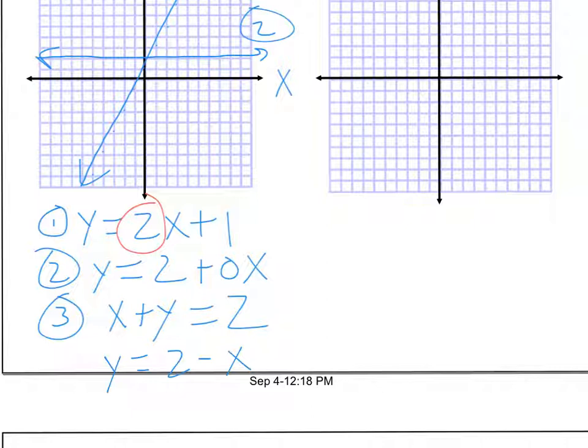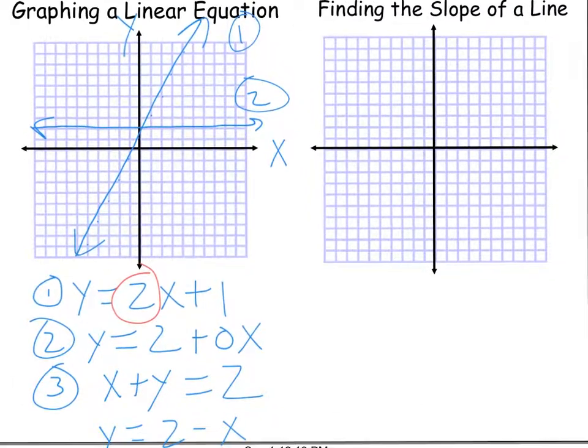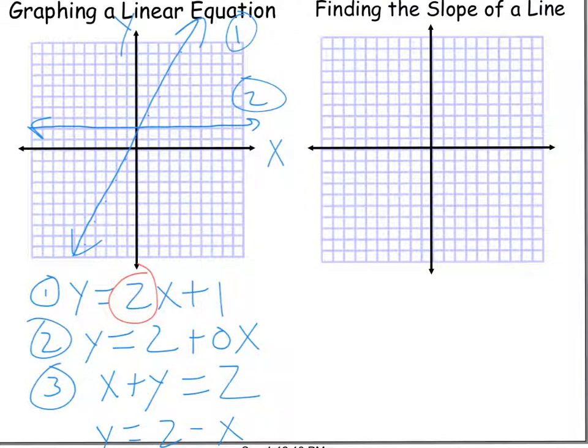I would want you to recognize that number 3 is a linear equation. It's not really in the form we would want it to be in. But once I do that, I could go up to a y-intercept of 2, and now go down 1 and over 1, which is using the fact that the slope is negative 1.